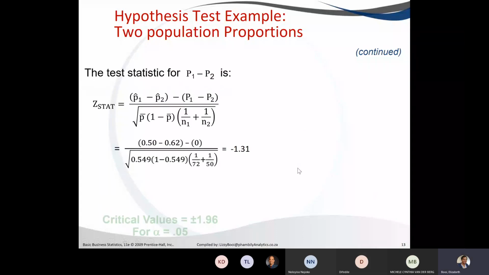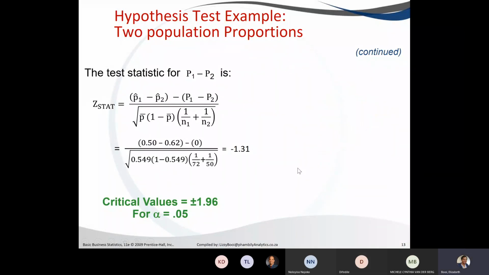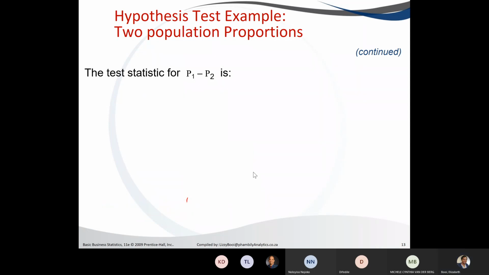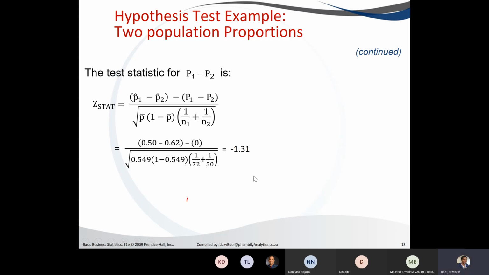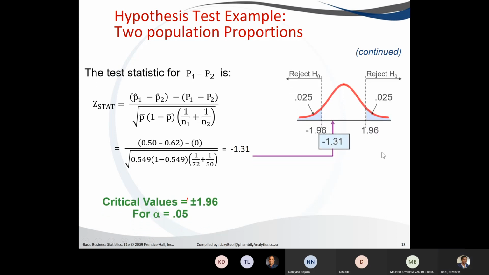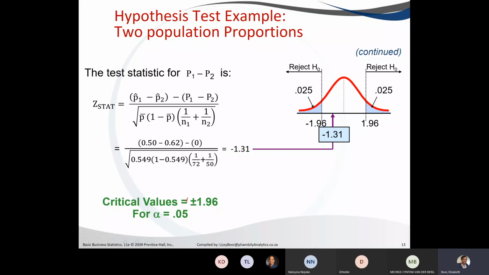Okay, so remember we went to find the critical value. We found that it was 1.96, and there is my critical value. Now I'm going to use this critical value to find out whether I am going to reject this test statistic. So I'm going to draw my graph and put my critical values there.